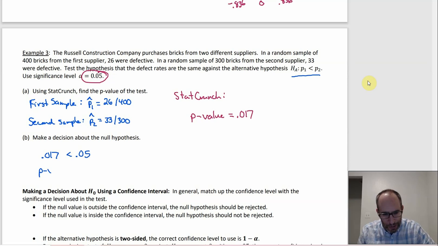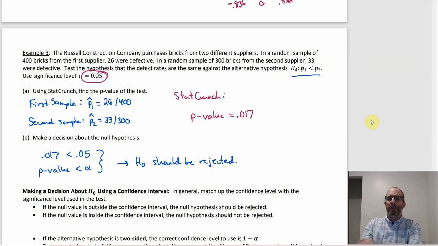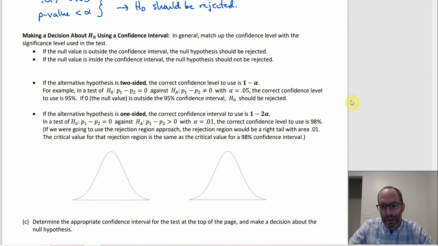So the p-value is less than alpha, which means that the null should be rejected. Okay, not too bad, right? About the same as before. We just had to be careful and make sure that we changed the inequality in the alternative hypothesis when we were using StatCrunch.